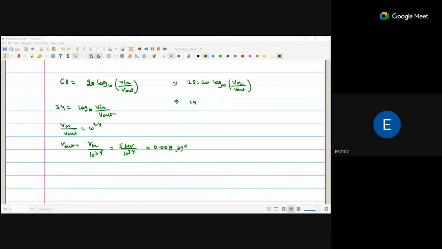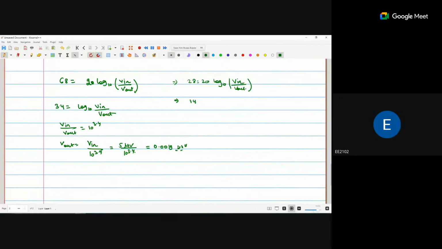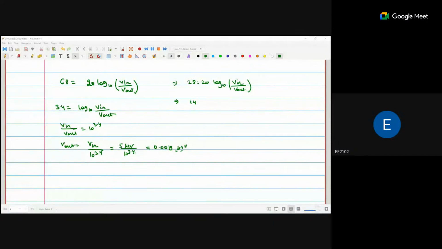Yeah, so I was using the 28, the other value. Instead of 100 hertz, I was using the 100 kilohertz value. So the answer 0.01 in terms of 100 hertz is correct. Just wait a minute, I'll change the answer now.